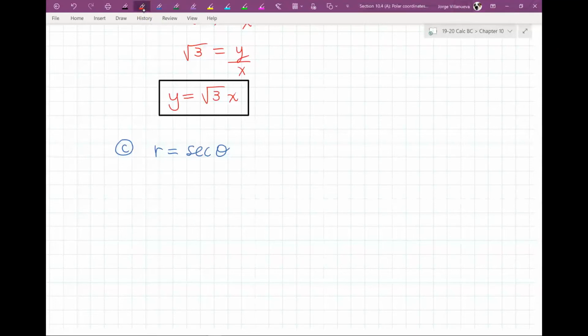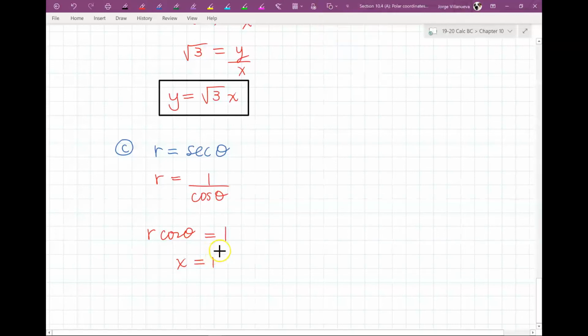What do you feel like doing to something like this besides erasing it? Making it cosine. Okay, that's what my gut says. It's just rewrite it to something that I feel more comfortable with. Okay, now what do you feel like doing? All right, move the cosine over. R cosine theta equals 1. What's r cosine theta? X. X equals 1. So there's my equation.